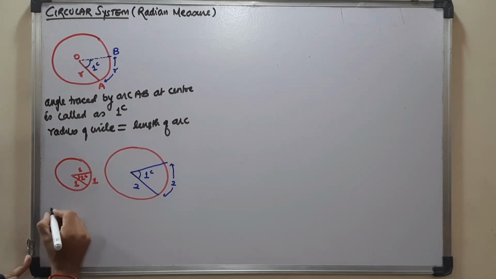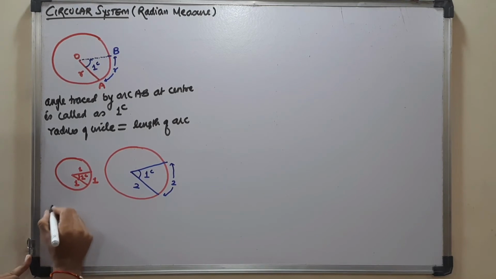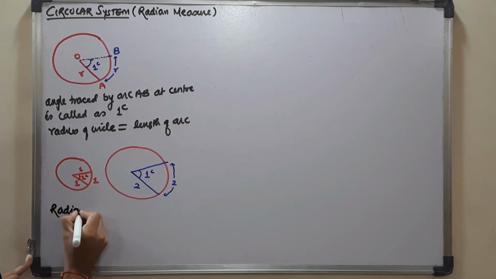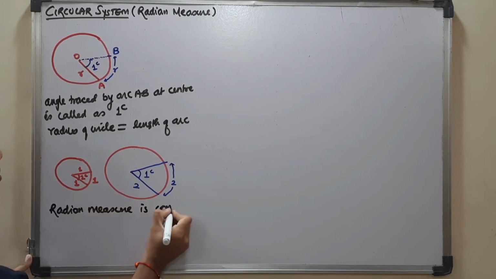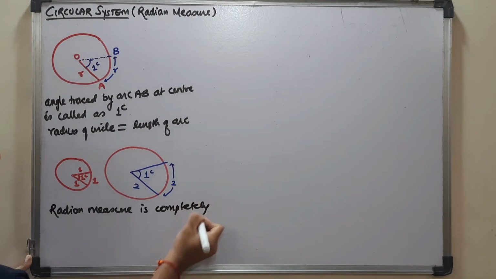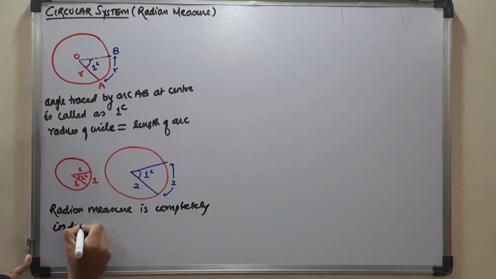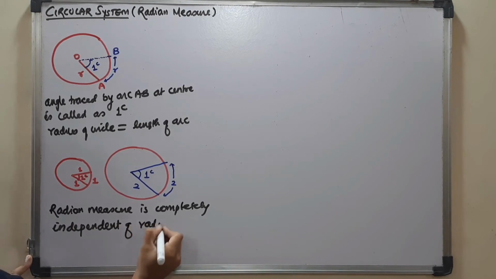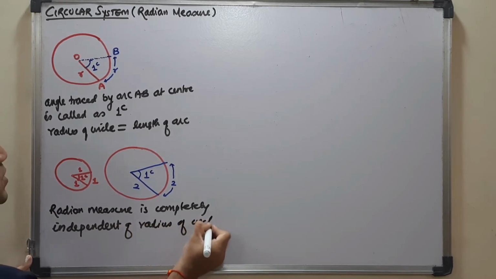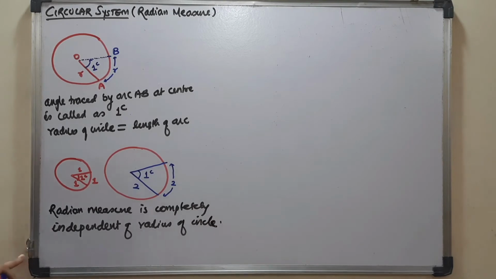So I say here that radian measure is completely independent of the radius of the circle.